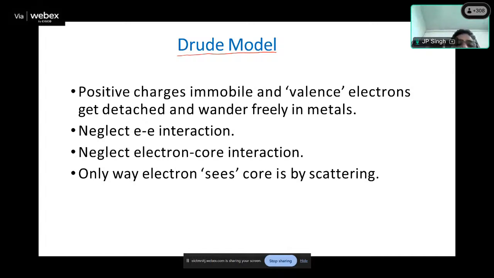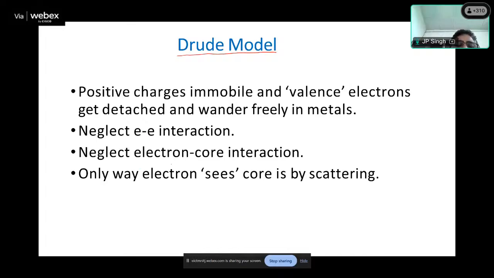Another thing with this model is that it neglects electron interaction. The electrons are charged bodies, but the model does not account for this interaction of the electrons.